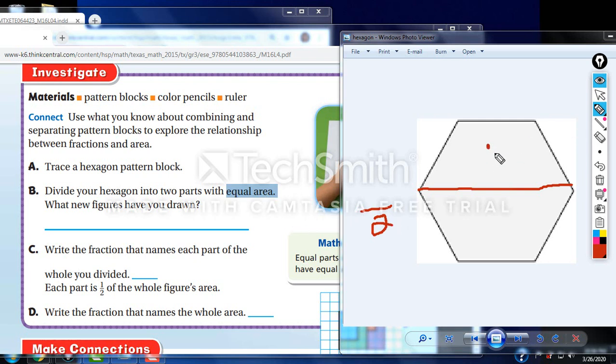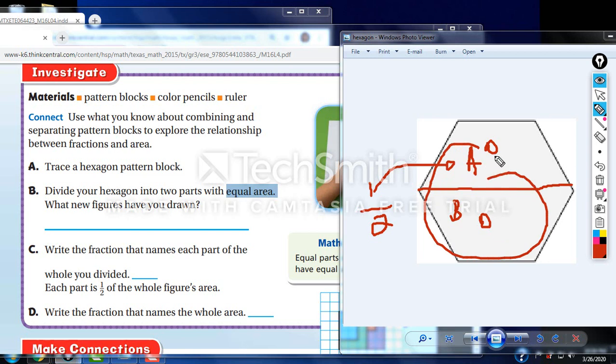And the name of this part, well, this one's 1 out of the 2 that we have, because the 2 make the whole. So to name A, say we call this one A and this one B, the name of A is 1/2. The fraction for B is also 1/2. So this is one part, out of the whole, which are the 2 parts.